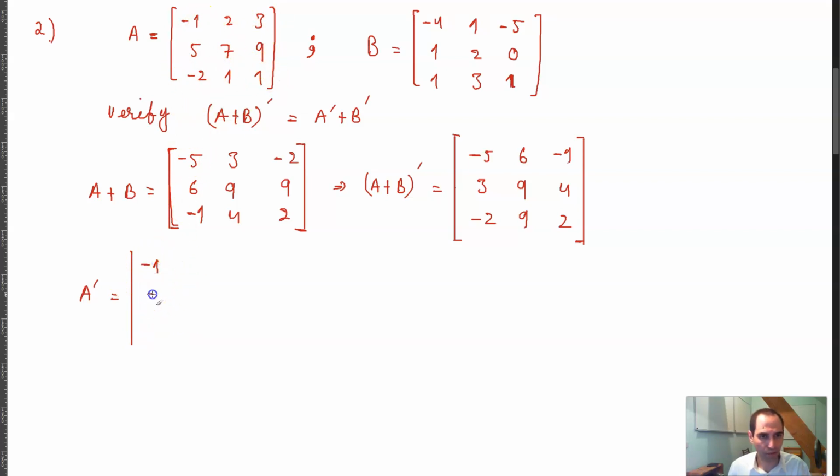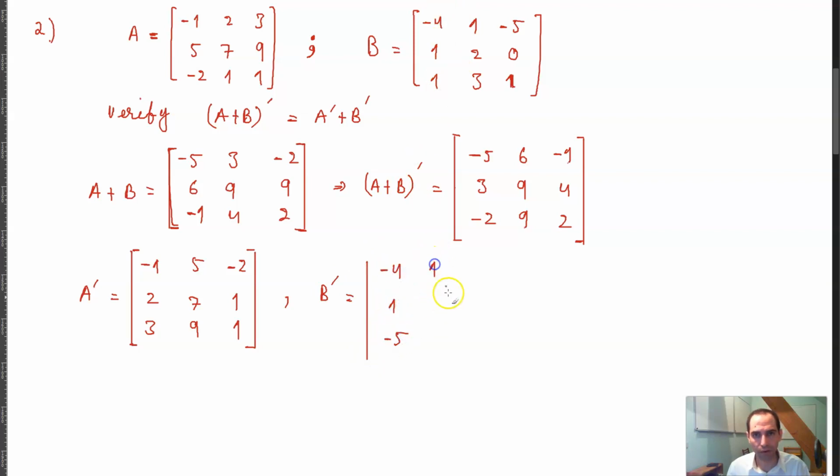So I have -1, 2, 3, 5, 7, and 9, and -2, 1, 1, and that is A prime. Now, by the same logic, B prime is going to be equal to -4, 1, -5, 1, 2, 0, and 1, 3, 1. And so that becomes B prime.